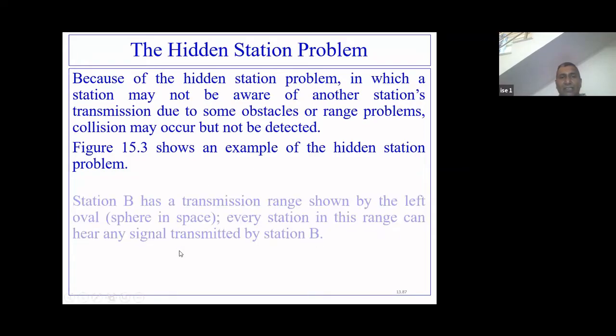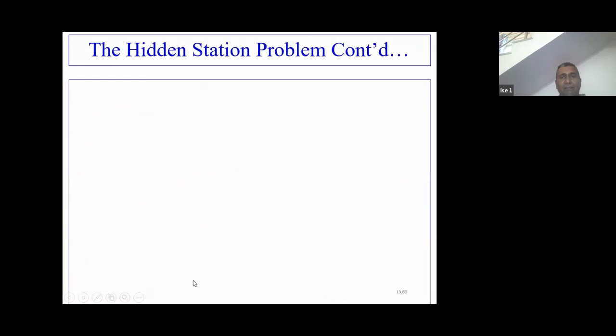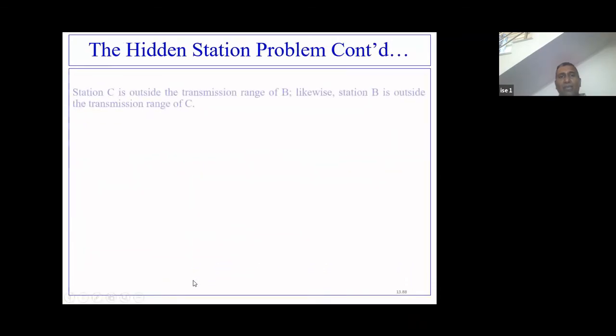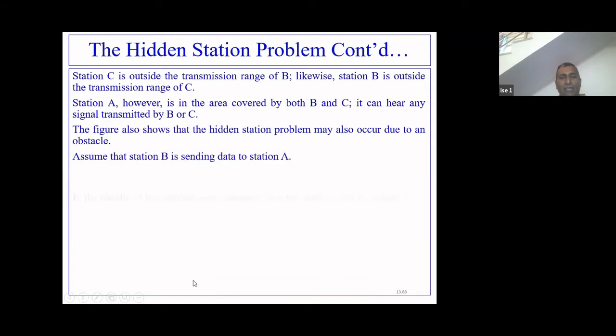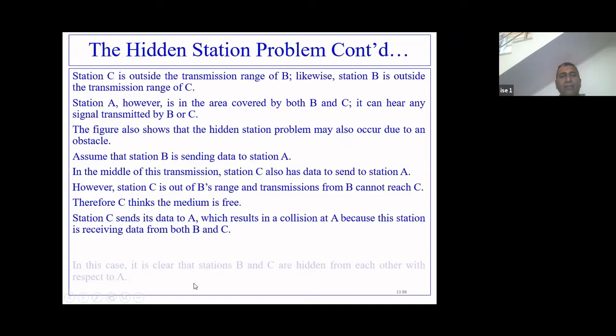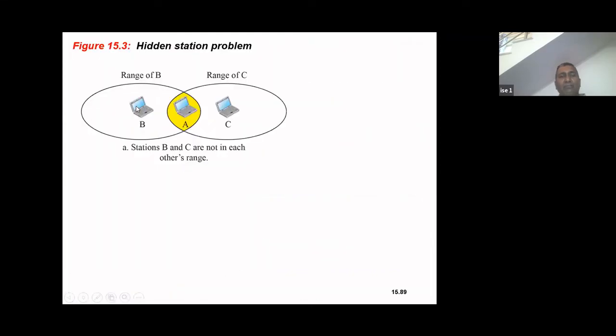So we shall see this example with a diagram. I'll try to explain it directly through the diagram. It will be easier for me, right? So now here you can see the range of signal for station B, whose signal can go till this point.